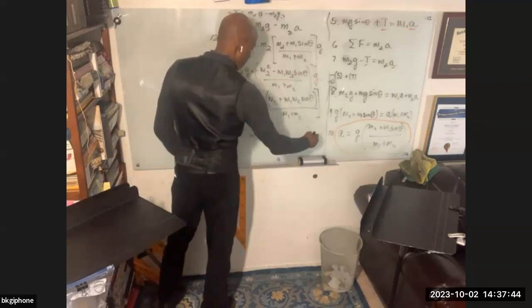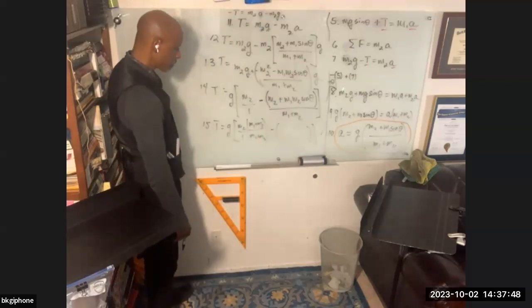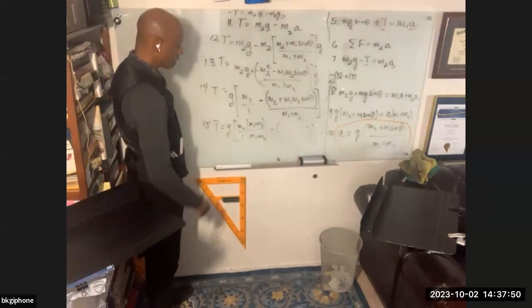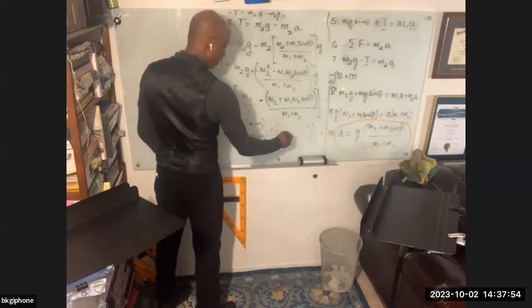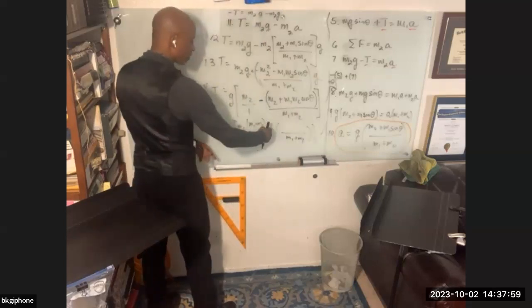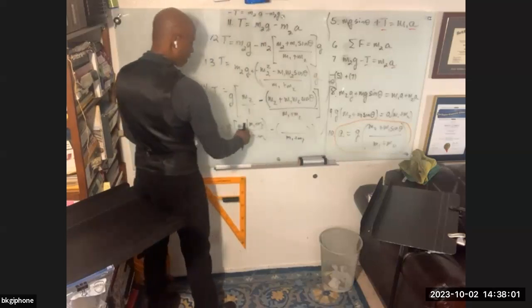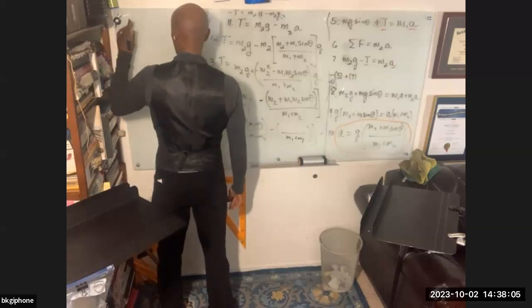I'm just going to put it in parentheses. So now I'm going to multiply so I can add them, right? Because they both have common denominators, m1 plus m2. And then I just have to translate that minus sign through and then multiply through here.